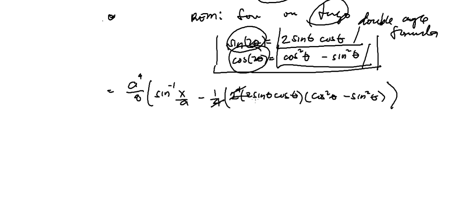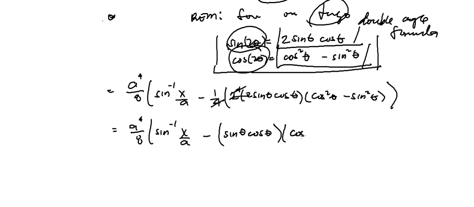So what we've left here is sine inverse x all over a minus sine theta cosine theta multiplied by cosine squared theta minus sine squared theta, right? Then plus c.